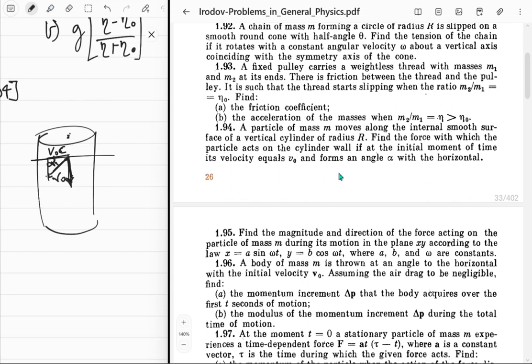Acceleration, we can go from here to here freely because we know how to do it. There's the pseudo force mg acting on this guy, so it's basically not doing anything like that.